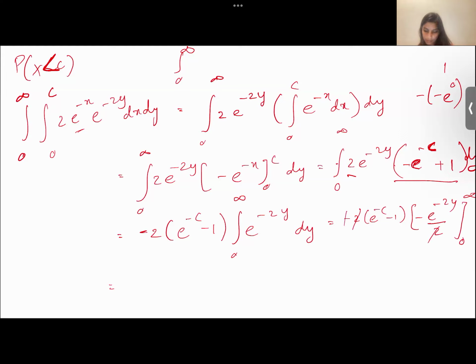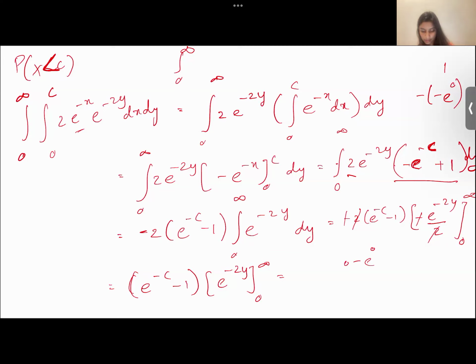This minus also becomes plus. So you'll have e power minus c minus 1 into e power minus 2y, 0 to infinity. Now you apply this range. e power infinity is 0, minus e power 0, which is 1.